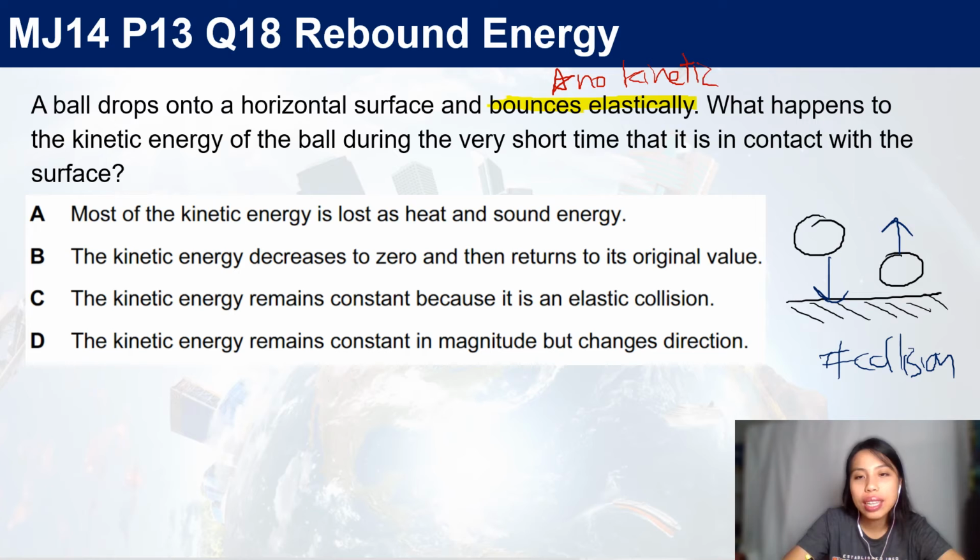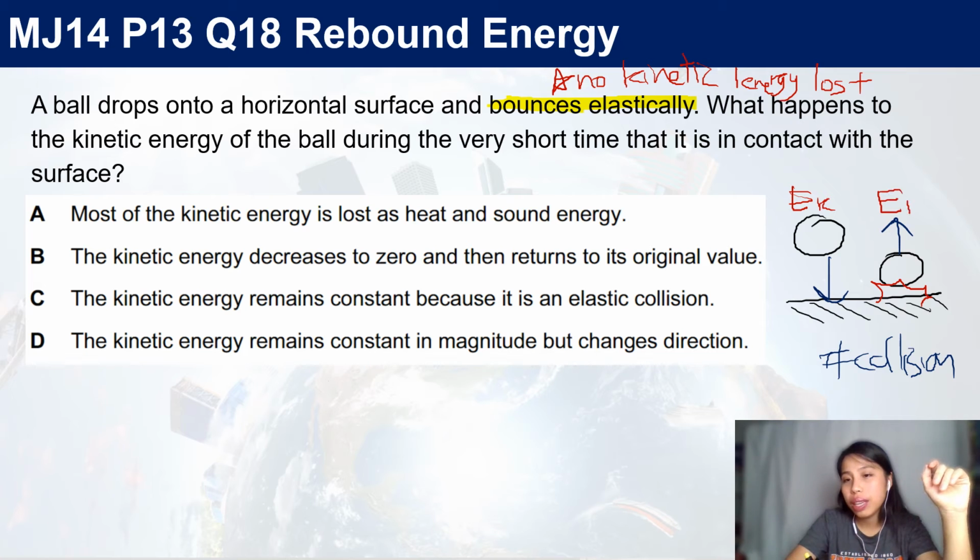So you know kinetic energy. Why do my words keep disappearing? Okay, so after it impacts the table, same kinetic energy, which means before it should have some kinetic energy. After impact, it should still have the same kinetic energy. But what are they asking about?